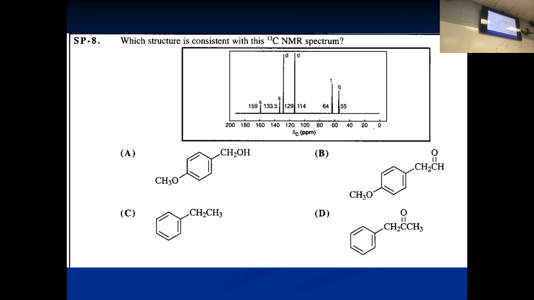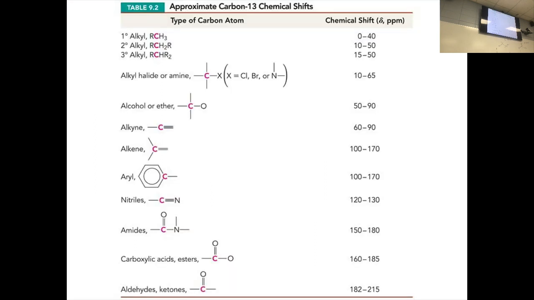All right, so with this information in hand, the charts that I just gave you, get in your groups and try to figure out what that spectrum is. It's the same as before. You're going to try to figure out the number of signals first. Can we review those charts one more time? Sure.